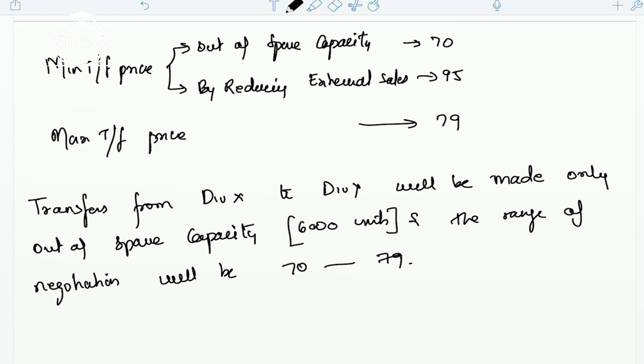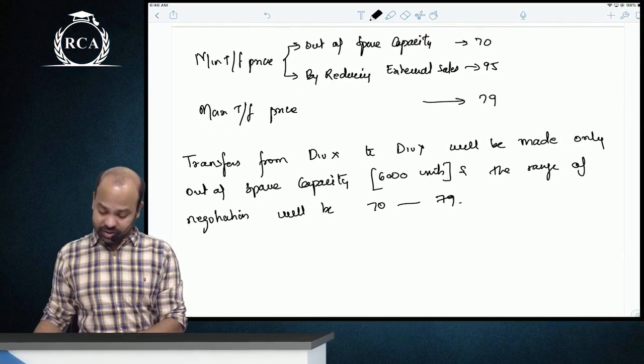Yes, guys. If you're not done with it, pause and copy, but I give you a lot of time. Now let us proceed to division Y and division Z, guys.